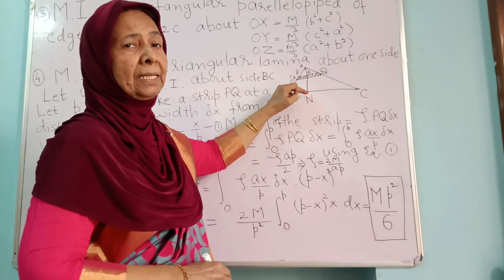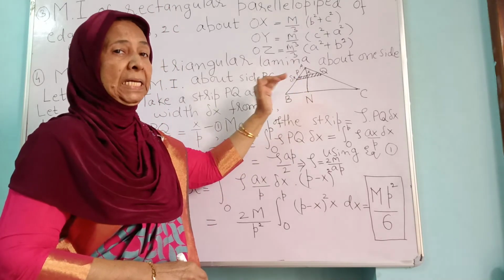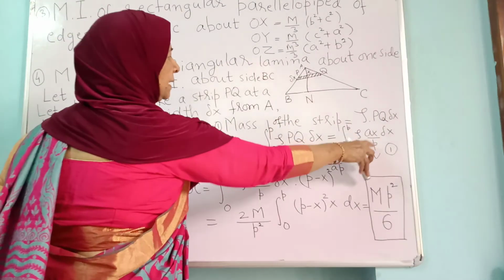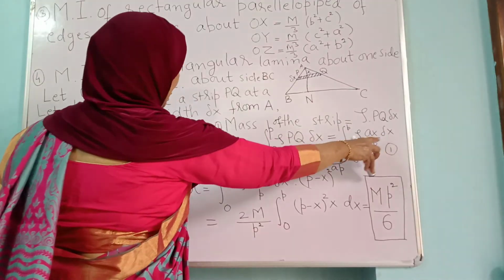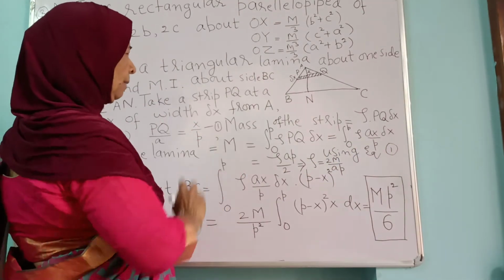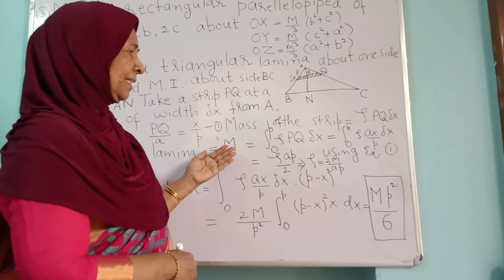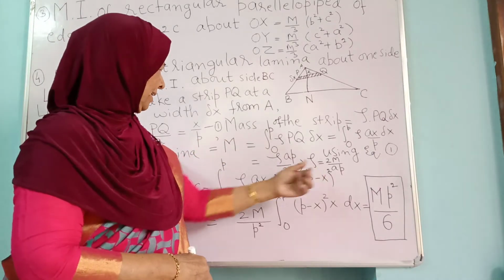And what is AN? That is p. So 0 to p, rho a x divided by p delta x, that will give you the total mass. And by calculating the total mass, you can calculate the density.